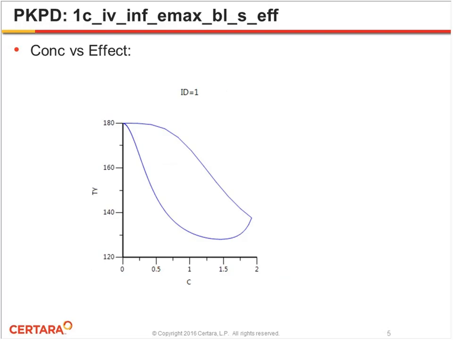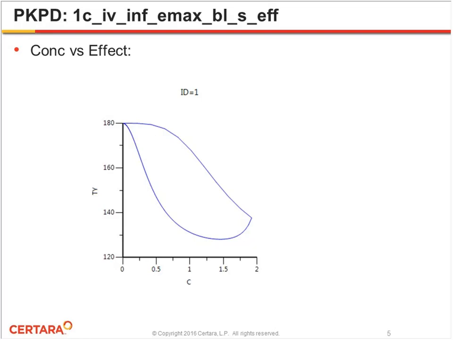We need an effect compartment, and the reason is displayed here. I've used the actual PK model and the fitted parameters to calculate concentrations for the time of the observed effects. So I'm plotting here the concentration versus effect, lined up for the time of the measurement.